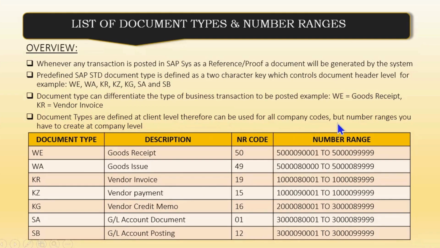But for each company code, you have to create the number ranges. That's what it means. So these are a few example document types I have taken.